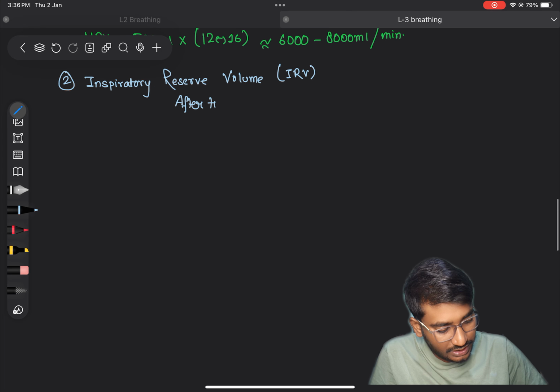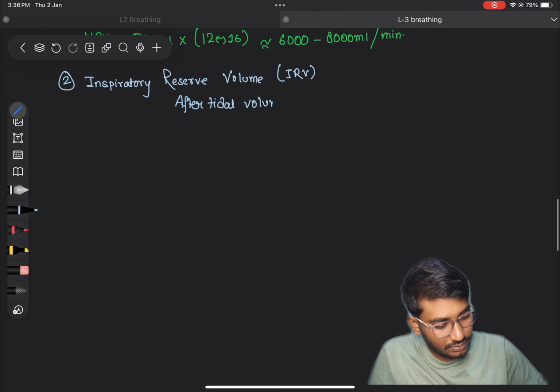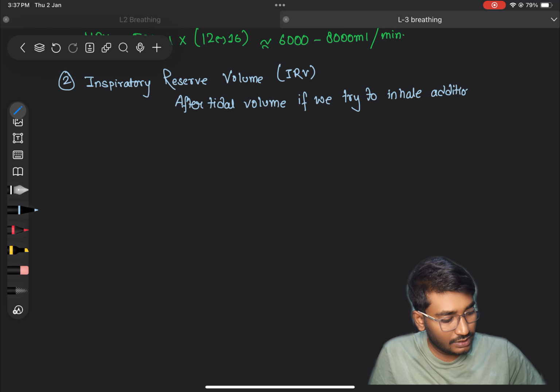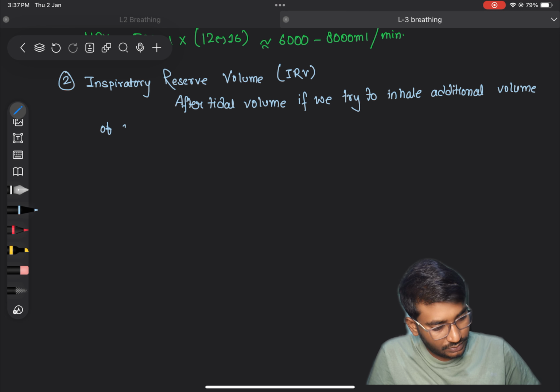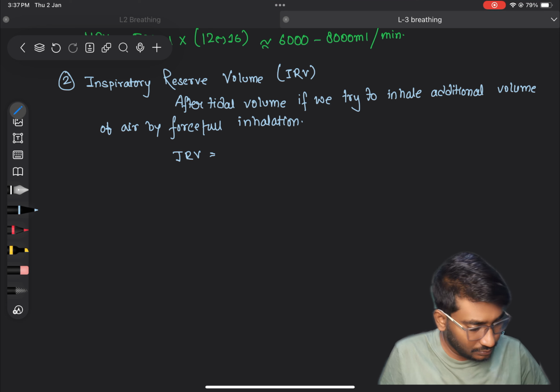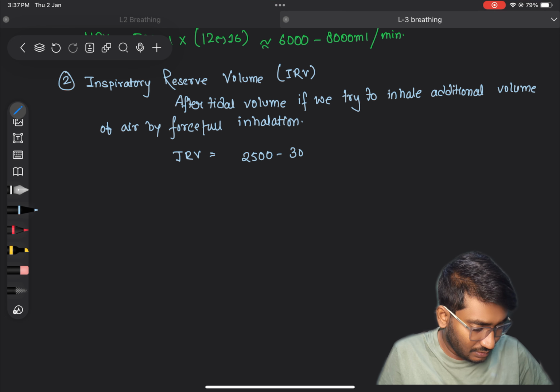After the tidal volume, if we try to inhale an additional volume of air by forceful inhalation, that is the IRV, which is about 2500 to 3000 ml.